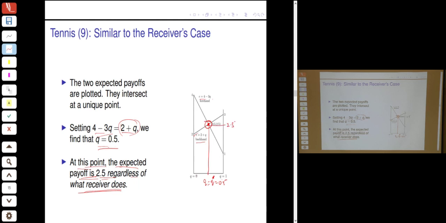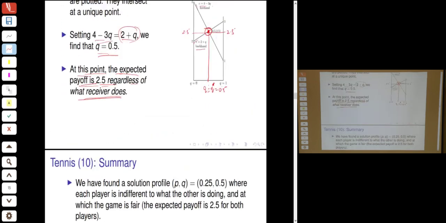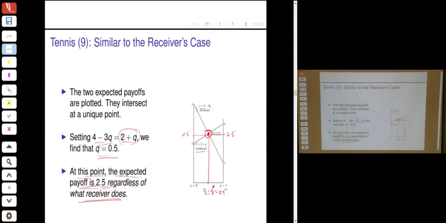If the receiver chooses to play forehand, even then for q equal to q star, you plot it on this line and you will get a payoff of 2.5 for the server. So again, the server is indifferent to the receiver's choice when q is q star, which is 0.5. Okay.